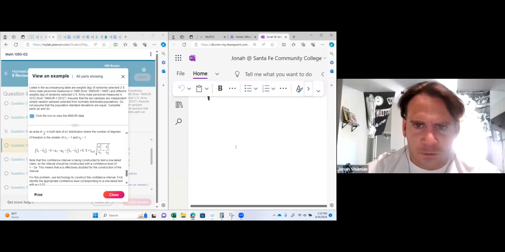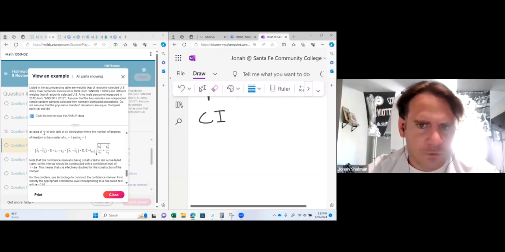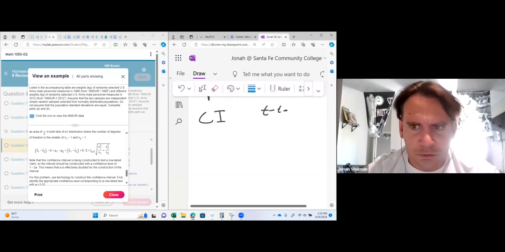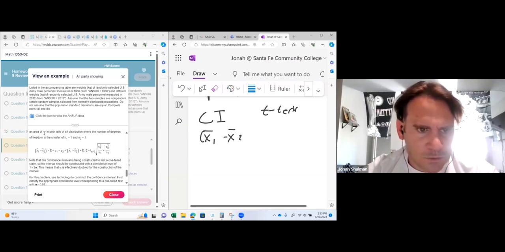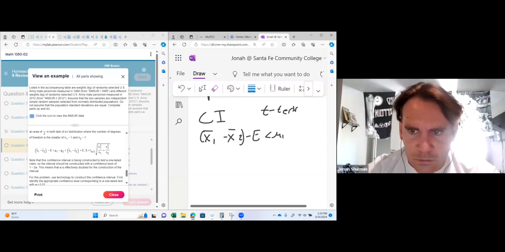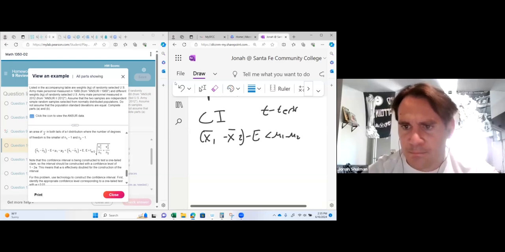All right, we have the formula. This is for the confidence interval when we're working with t-tests. So it's going to be x1 bar minus x2 bar minus E, and this is the difference in the means.